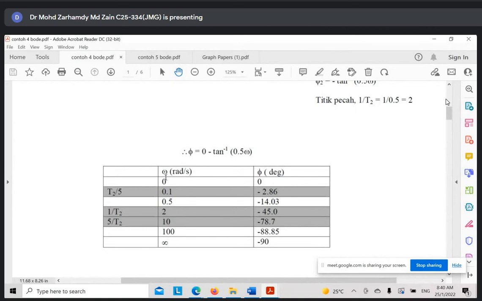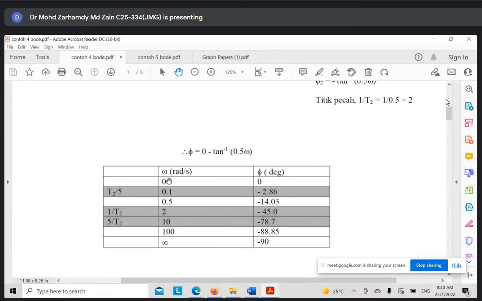You need to suggest by yourself. So don't take many values. You just come up with 7 or 8 values to help sketch the line for phase and gain.